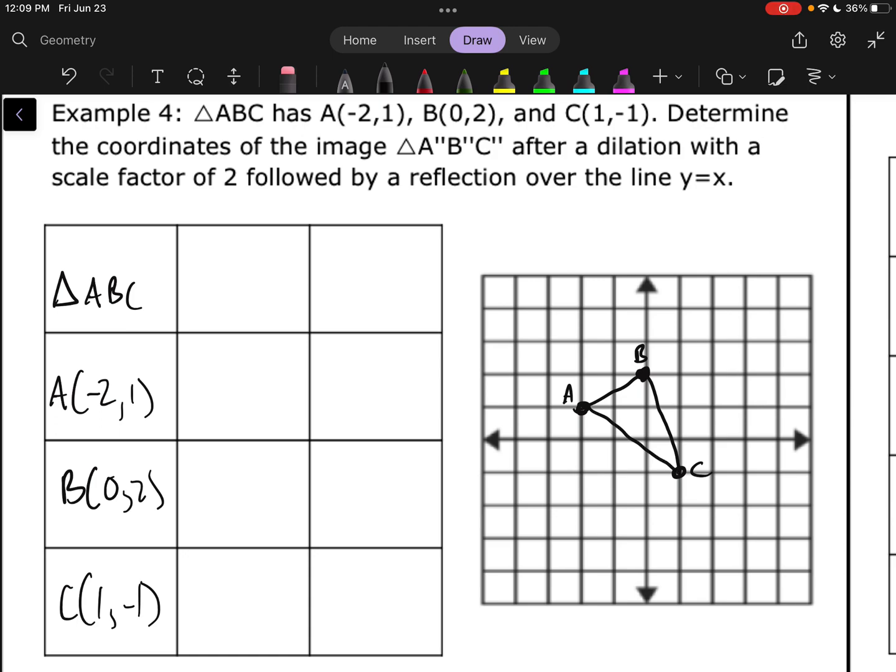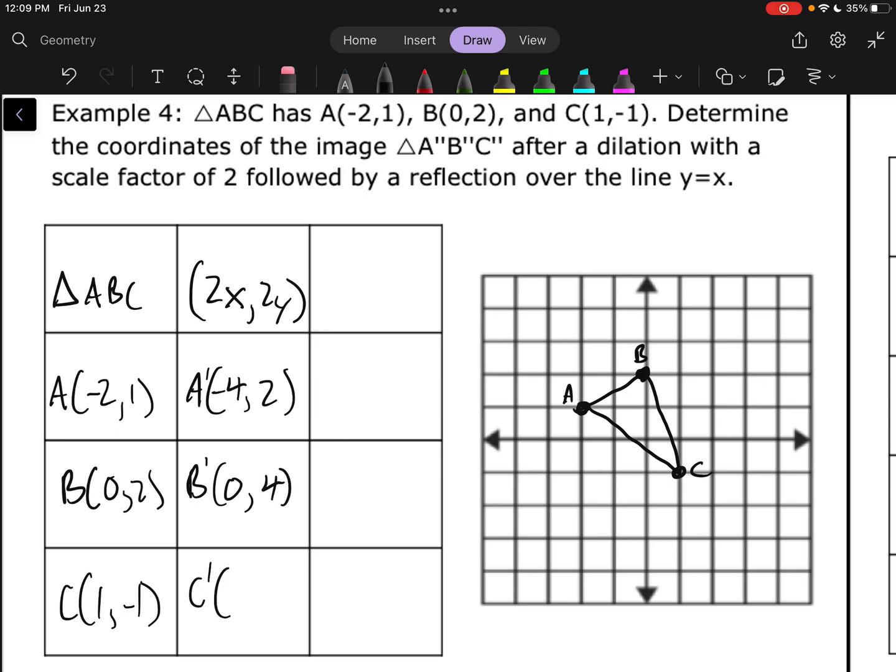Okay, there's our pre-image. Now to dilate with a scale factor of 2, we're going to do 2 times x and 2 times y. So A prime, 2 times -2 is -4, 1 times 2 is 2. B prime, 0 times 2 is 0, 2 times 2 is 4. C prime, 1 times 2 is 2, -1 times 2 is -2.